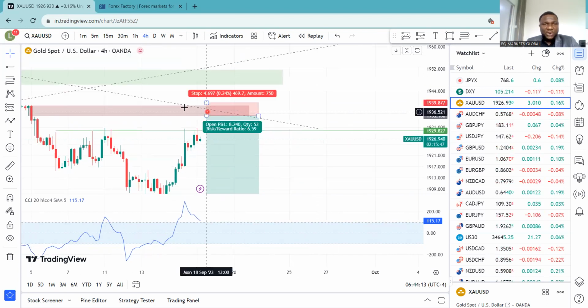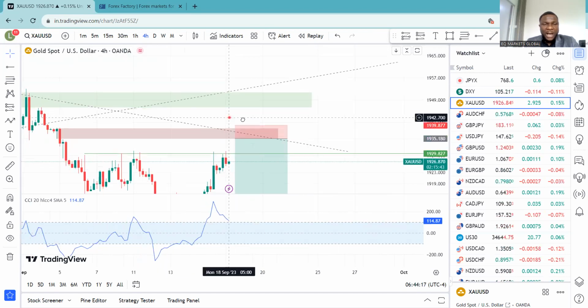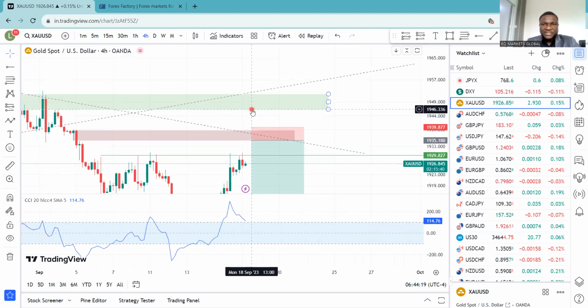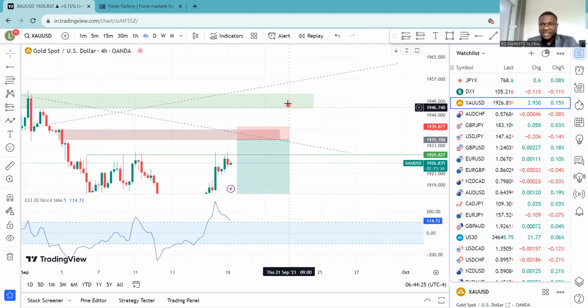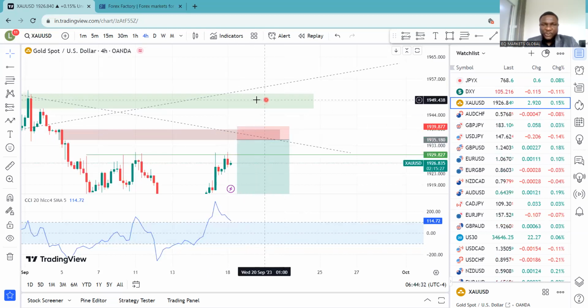But of course, if there are no confirmations and prices break above 1939, then just be aware that price is actually heading to 1946, between 1946 and 1951. Within that zone, we can find another sell opportunity if price invalidates the previous zone.